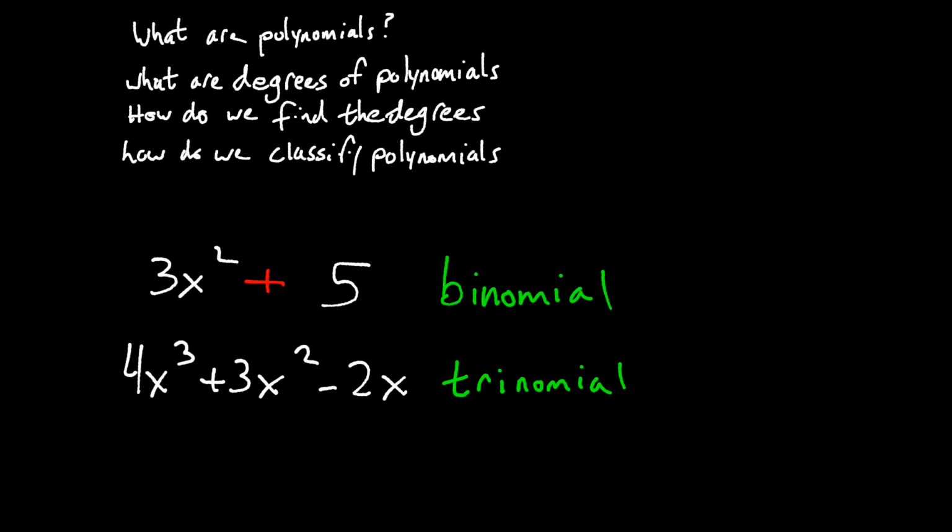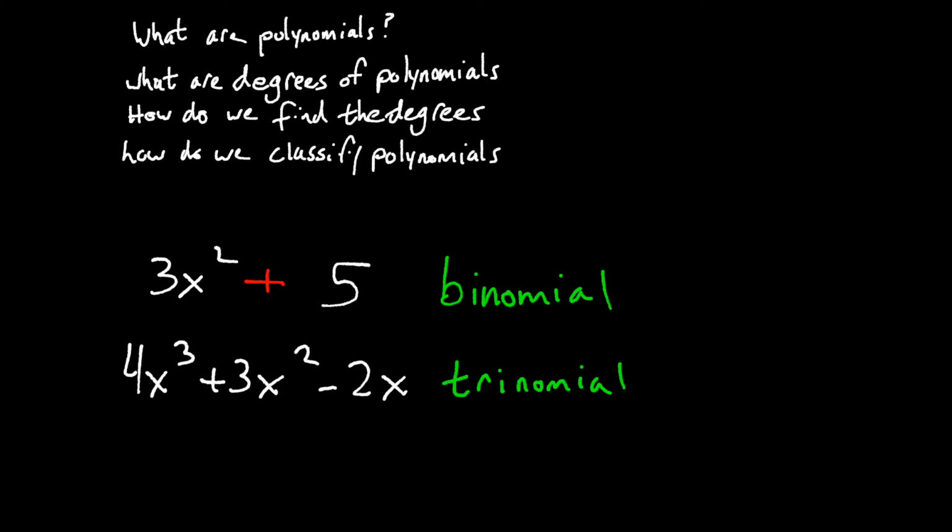Now, let's answer the second question. What are degrees of polynomials? The degree of a polynomial comes from finding the exponent on the leading coefficient of the polynomial in standard form. Standard form meaning you have to have the highest power first and you work your way down from there.